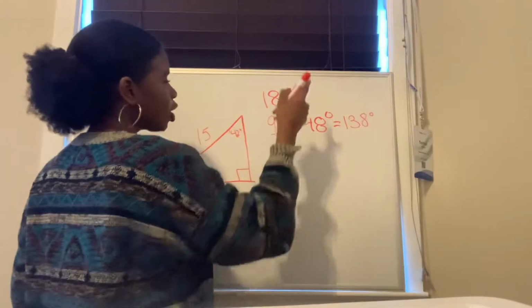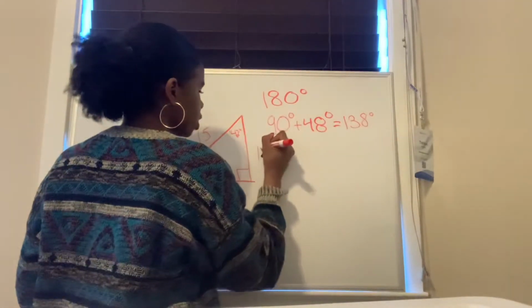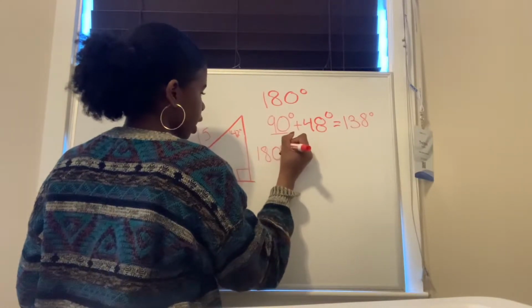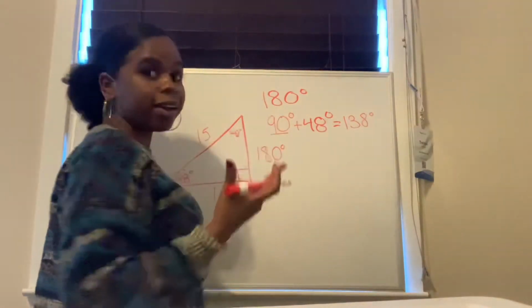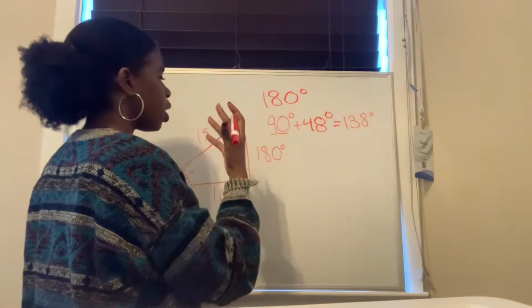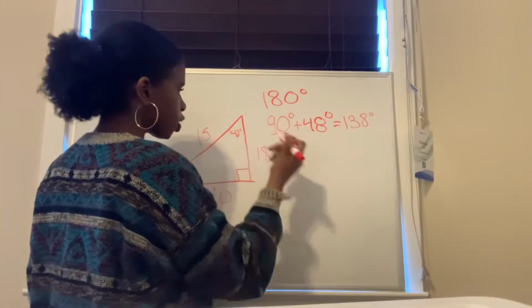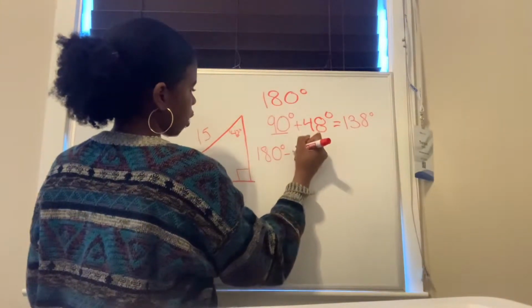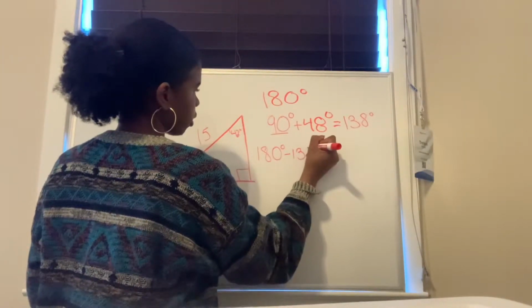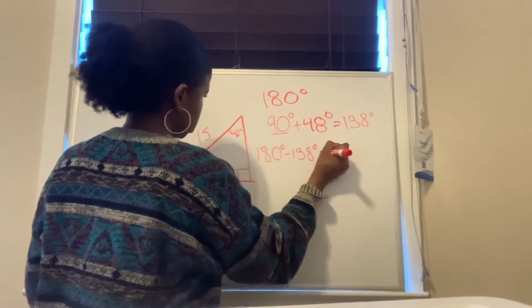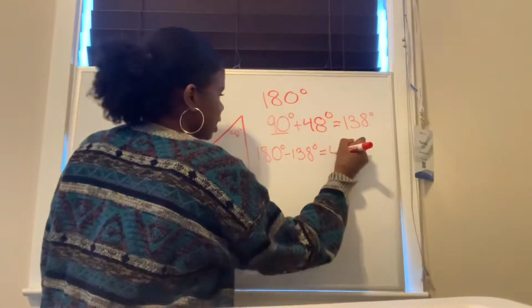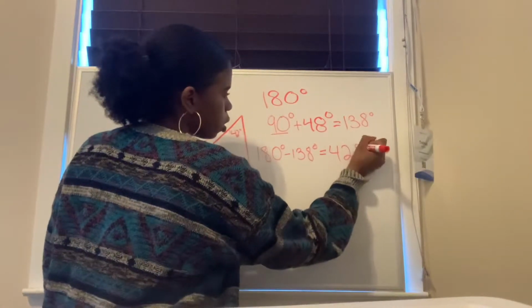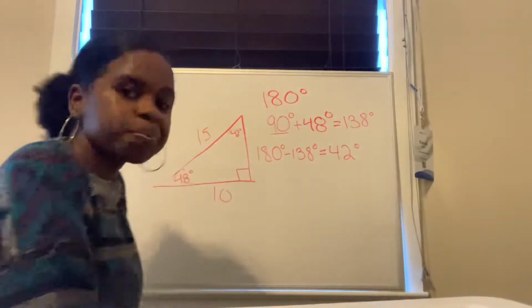Now, all 3 angles have to equal 180 degrees. We already found that 2 of the angles added together is 138 degrees. Well, that must mean that the last one has to be 42, or else it's not a triangle.